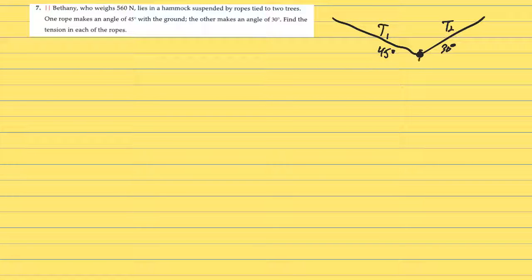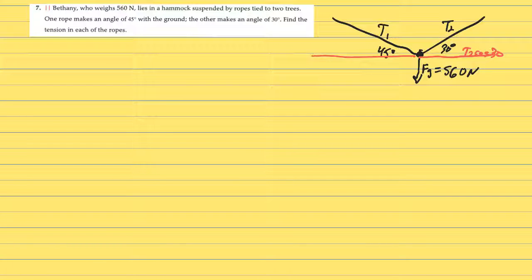And we have some force gravity down. It's not really a rope, I'm just kind of showing you where it is. And that's 560 newtons. So let's draw out my T2 cosine of 30.